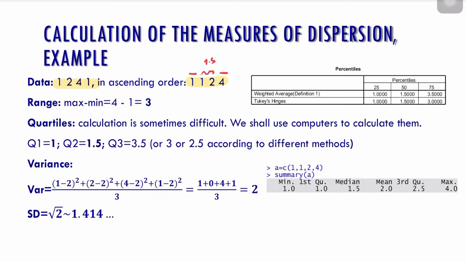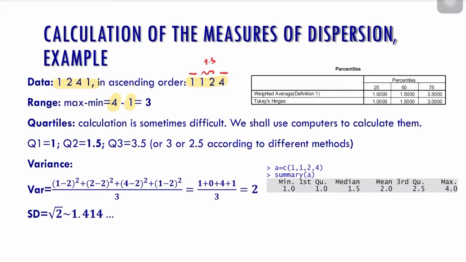Range is the maximum minus the minimum, 4 minus 1, which is 3. And we can also have the average, or mean. The mode is 1 because it is the frequency that repeats. And the mean is 2.